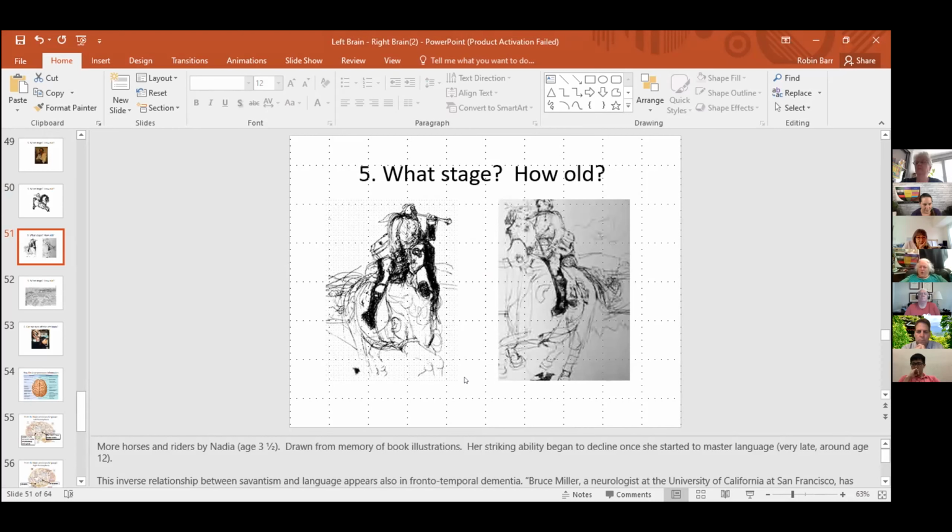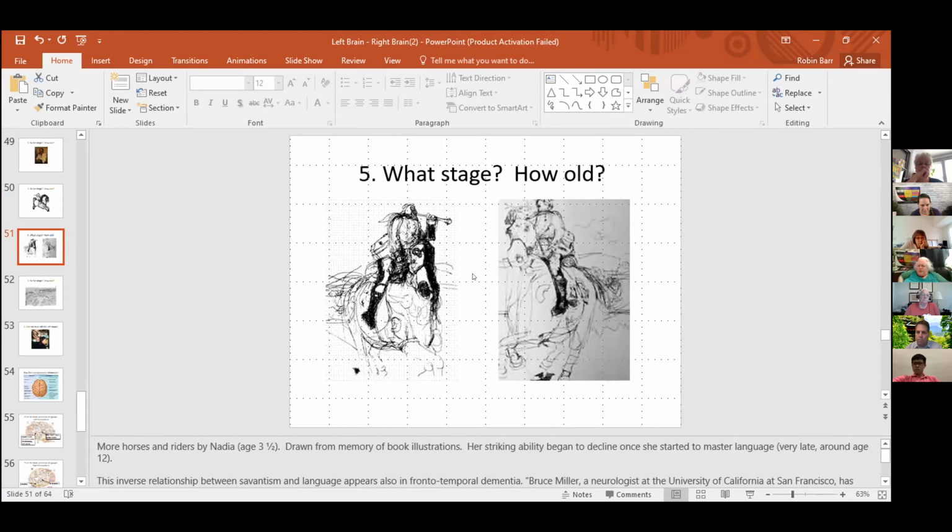And when this book was written, she started gradually to acquire language around the age of 12, at which point her ability to draw like this declined. So what is the connection there between language and art?